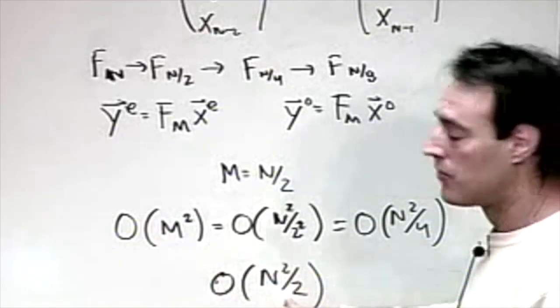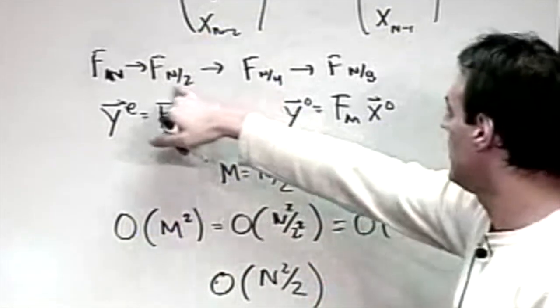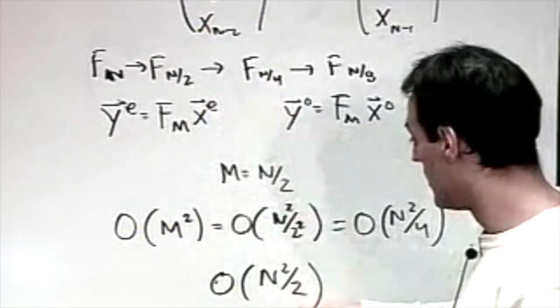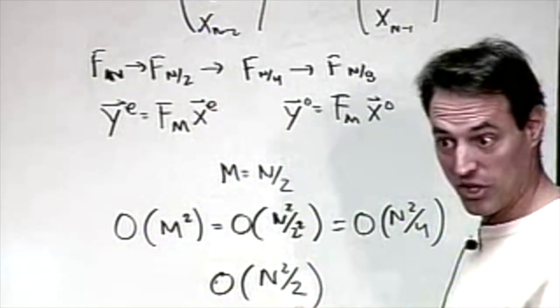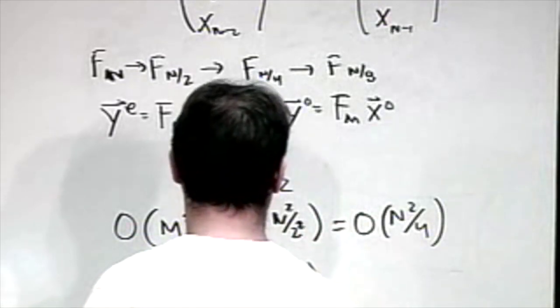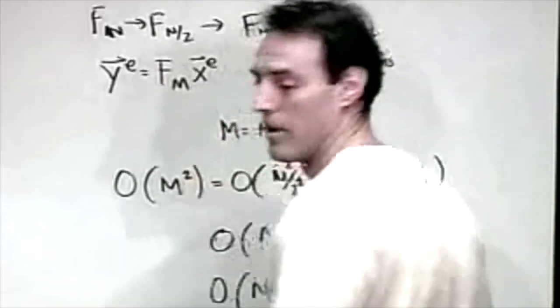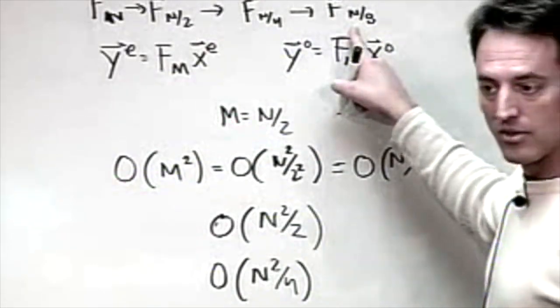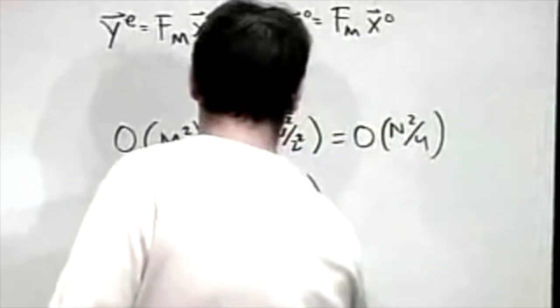Half the work. Now, I'm going to take this problem here that we just did, and split it into two again. How much work? That's going to halve the work again. So now, if I do that, it's going to give me order n squared over 4 as my operation count. I split it in half again: n squared over 8.